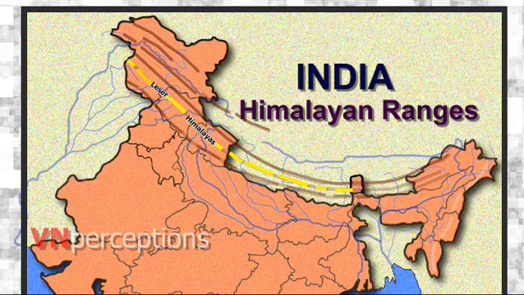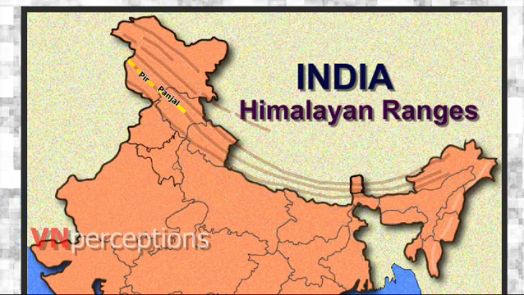It consists of the Pir Panjal range, which forms the longest and the most important range. Next is the Dhauladhar range and the Mahabharat range. Now, these three are the important ranges lying in the Lesser Himalayas.